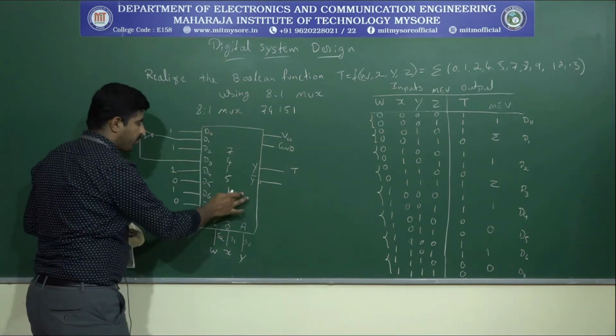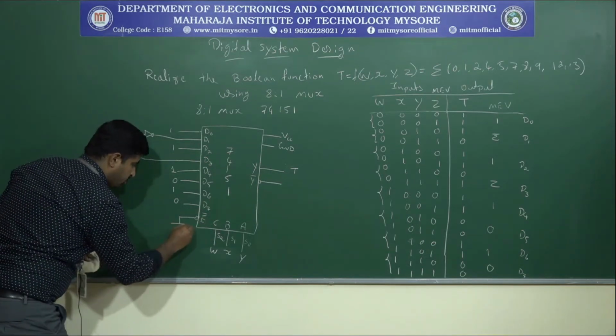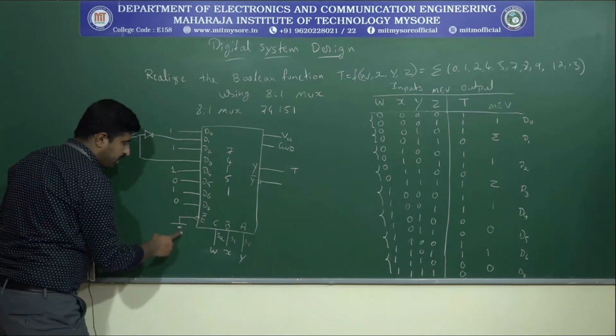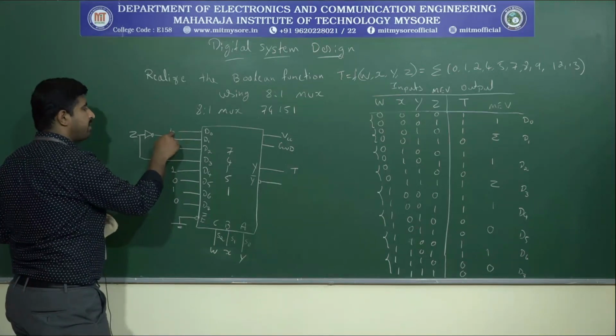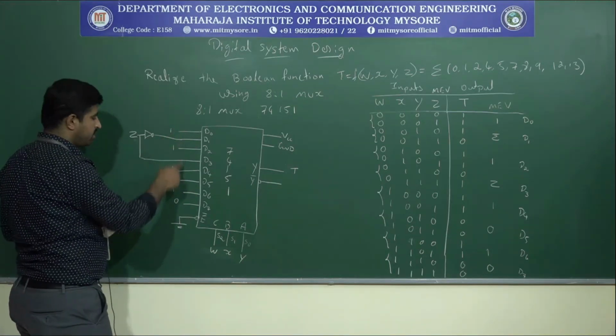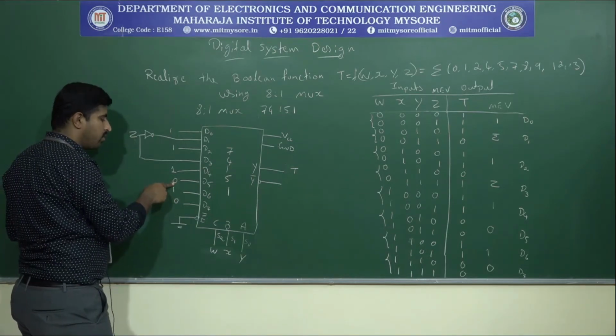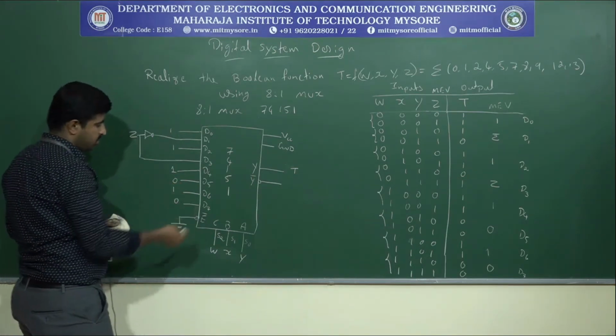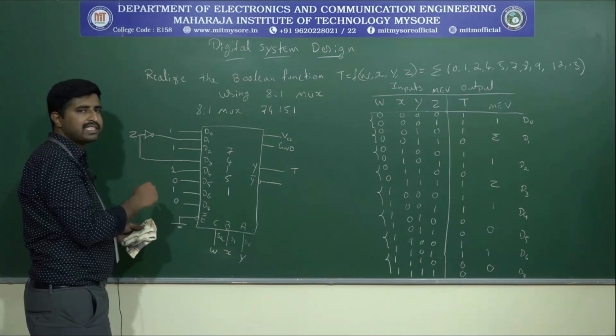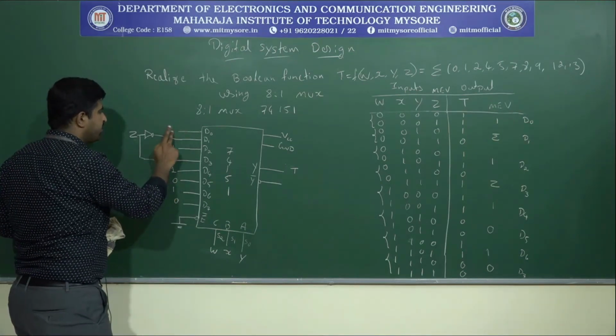And for this IC to operate we need to give a logic 0 at the enable, so we connect it to the ground. Here we can write VCC, or logic 1, or connect to ground, or even write a 0. In the last problem we wrote VCC, so let's use the same format.